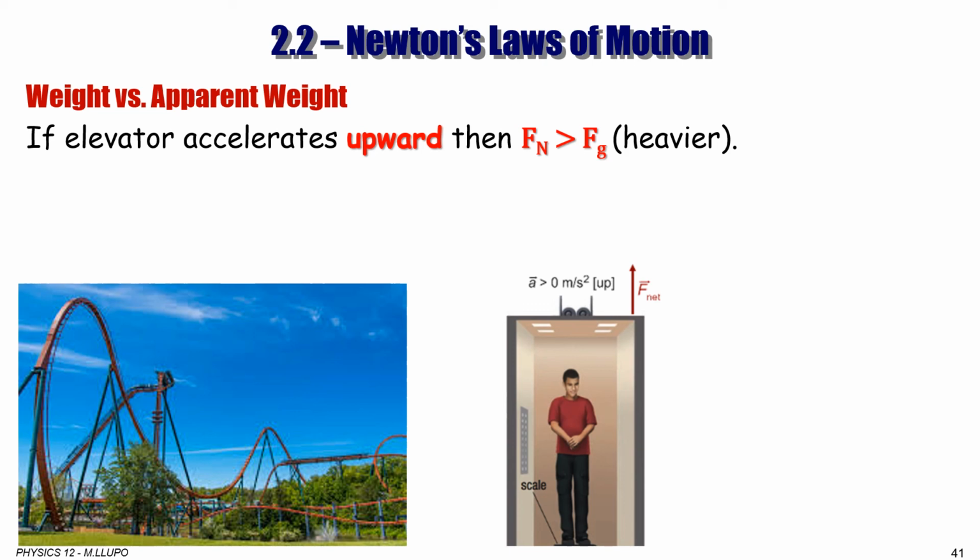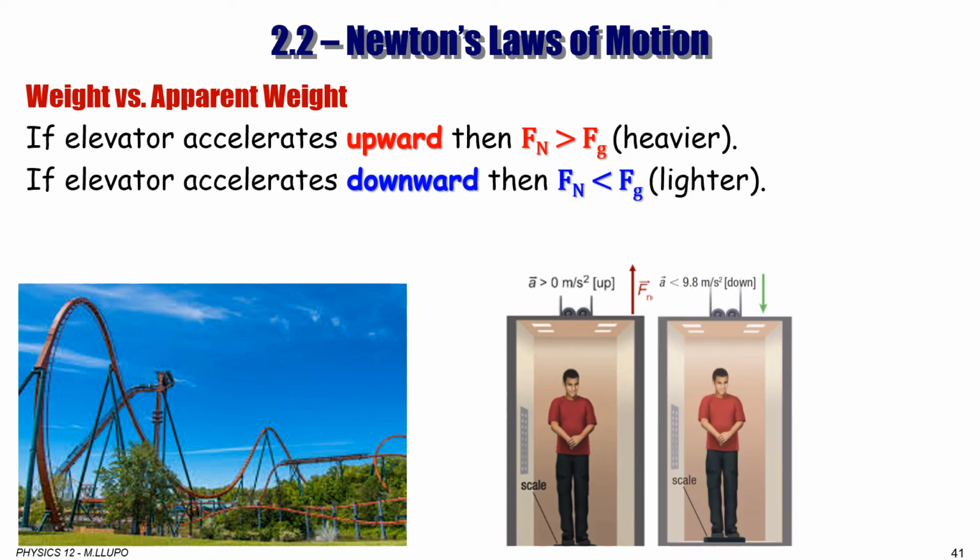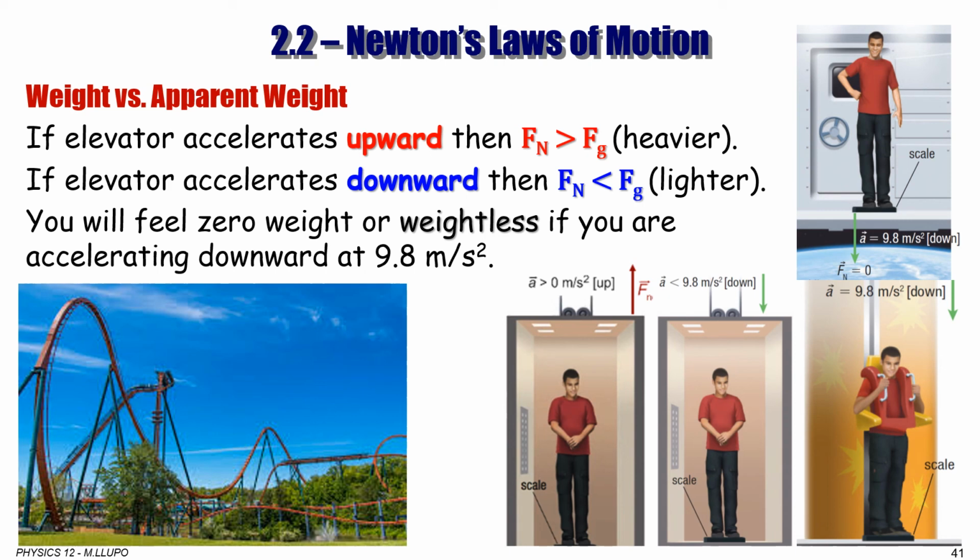If an elevator accelerates upward, you feel heavier because the normal force not only has to fight gravity, but has to accelerate you upward. While the elevator is accelerating downward, the normal force has an easier job accelerating you downward because gravity is helping you.